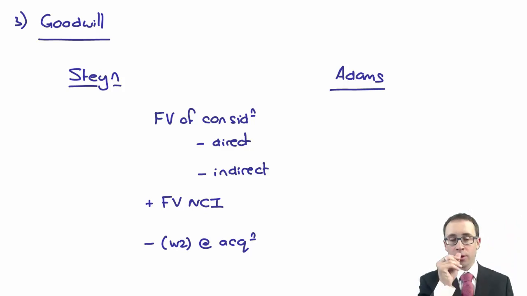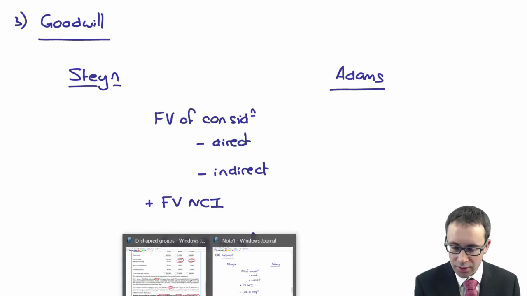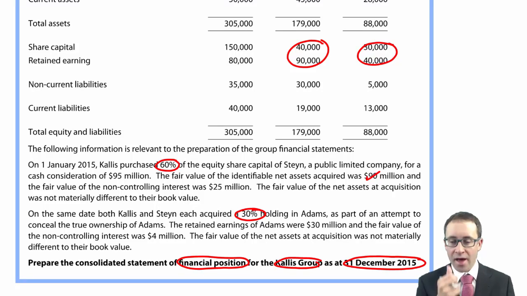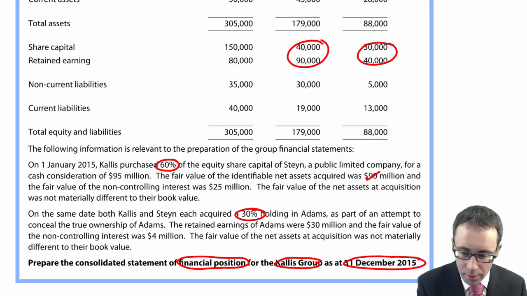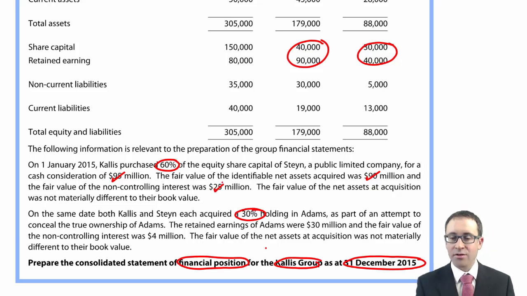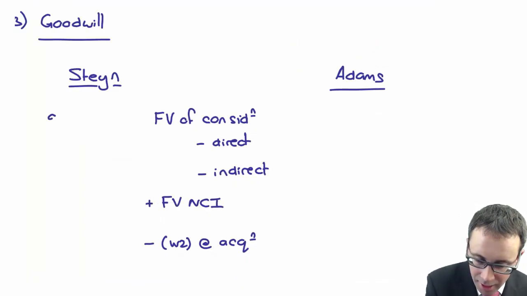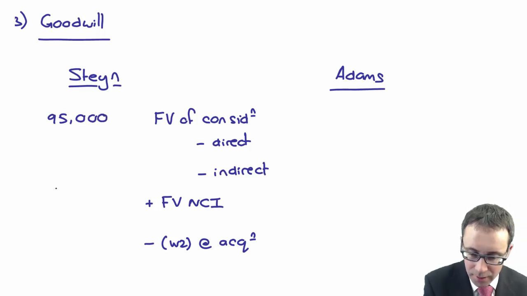Again, what I would do is always start with the sub first, because that's no different to what we've seen before. It doesn't even involve complex group structures. It's just like a fancy bit of F7. So here we bought it for 95 million. The NCI was 25, and we already know what the net assets were at 90. So the fair value of consideration is 95,000.